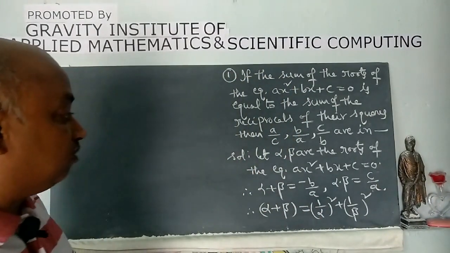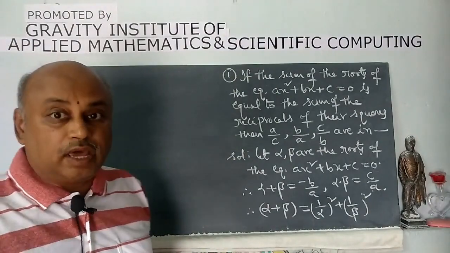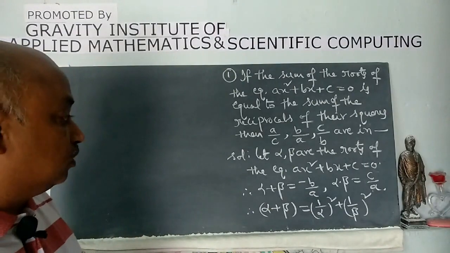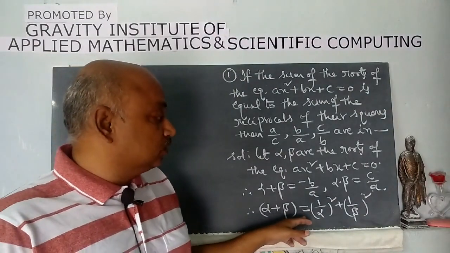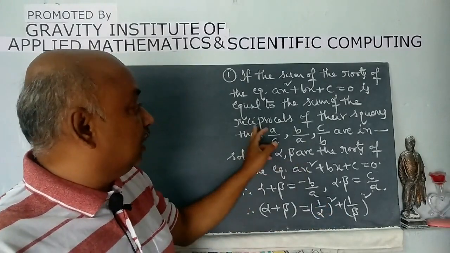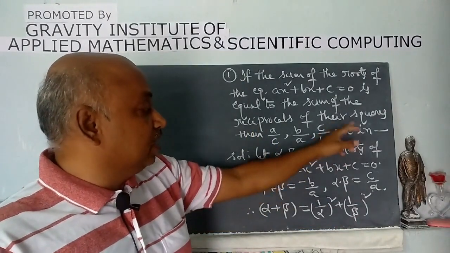The reciprocal of alpha is 1 by alpha, the reciprocal of beta is 1 by beta. So the sum of the roots is equal to the sum of the reciprocals of their squares.